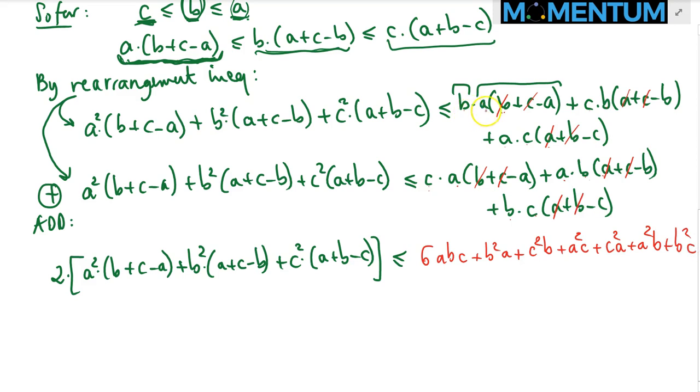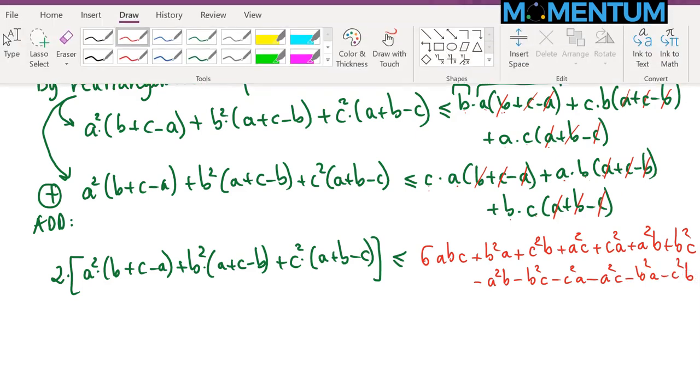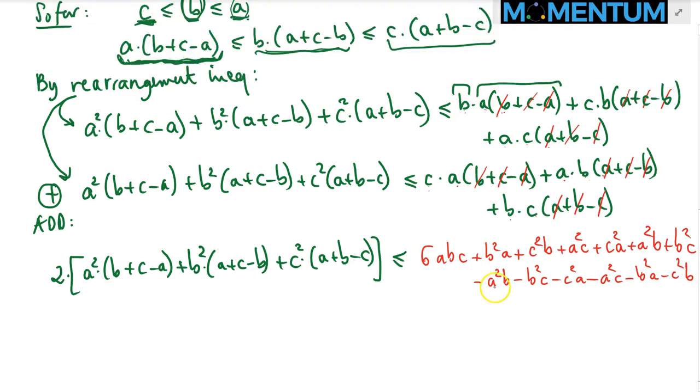And finally I have minus A squared B, minus A squared B, and then minus B squared C, minus B squared C, minus C squared A, minus C squared A, minus A squared C, minus A squared C, minus B squared A, and finally minus C squared B, minus C squared B. Now we can obviously see that things are cancelling here.